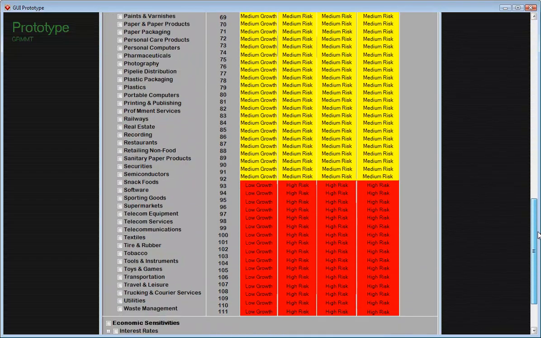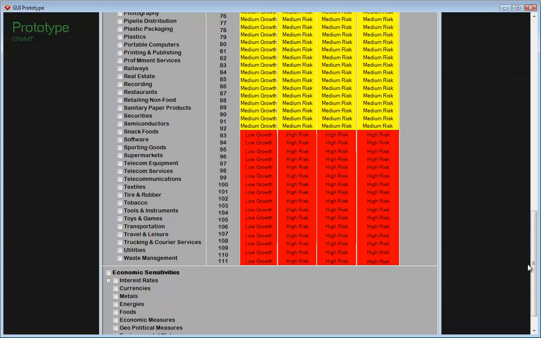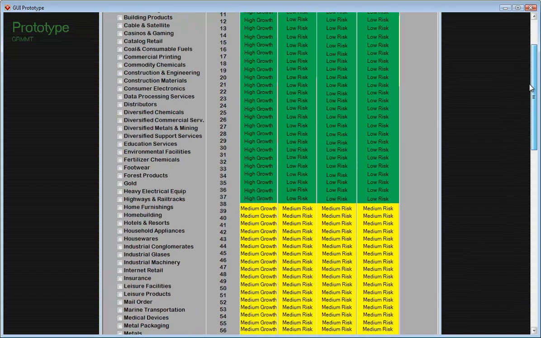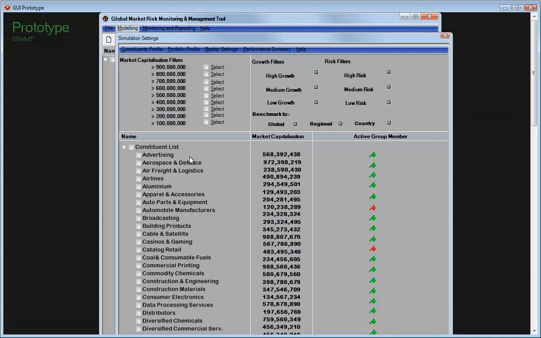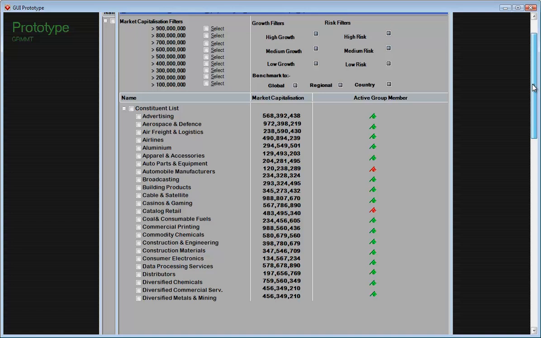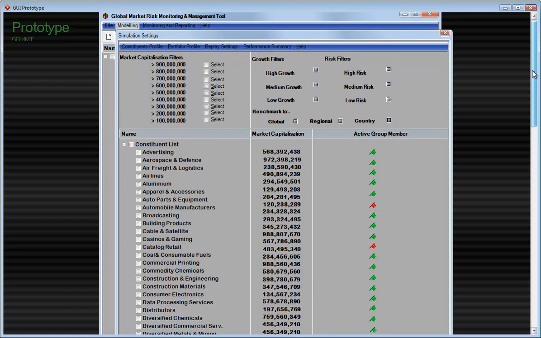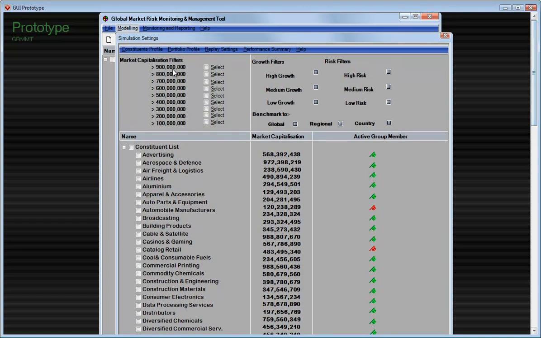This works the same way as all the other layers with our economic modelling downstairs. If we go up here, we can then decide what is the constituent list we want to benchmark performance against. So basically what it does is carries over the list that we have prepared.